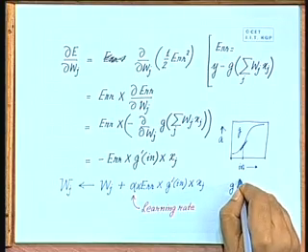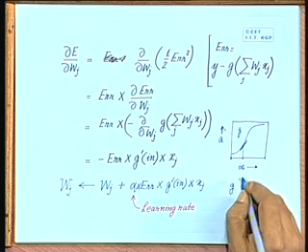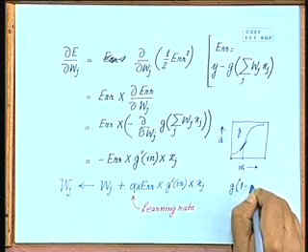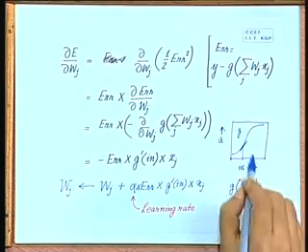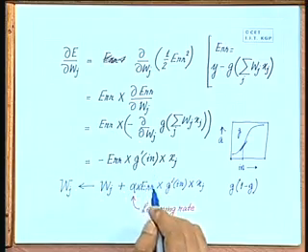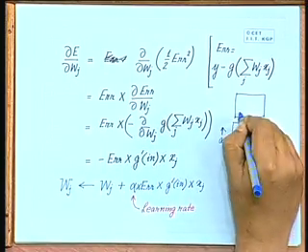For the sigmoid function, I think it is just G times 1 minus G. Just let me check. Yes, it is G times 1 minus G of the input, right. And for the threshold function, recall that it is a step function.